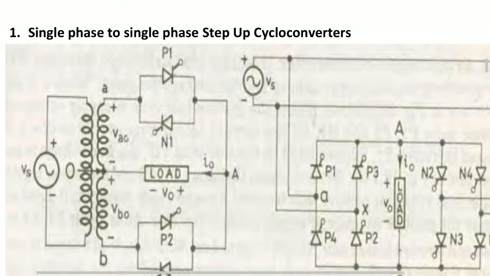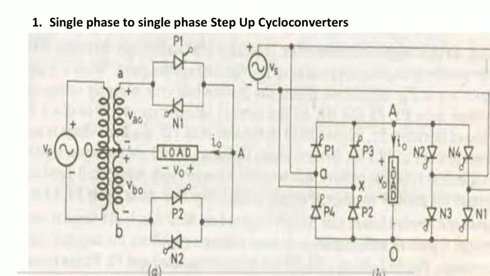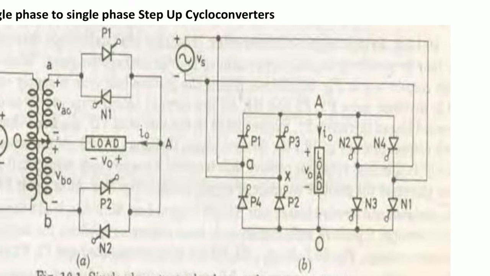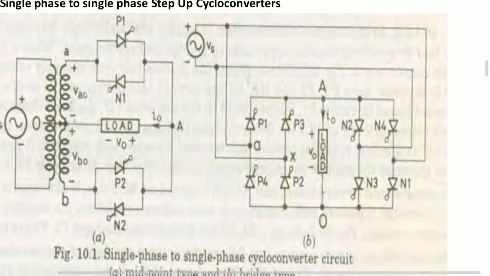So there is another topology for the single phase to single phase step up cycloconverter. That means it is a bridge type. The operation will be the same, only the SCR turning on and turning off will change. Here two SCRs are turned on at a time, then these two SCRs will commutate after some time, and again two SCRs are turned on to increase the frequency.